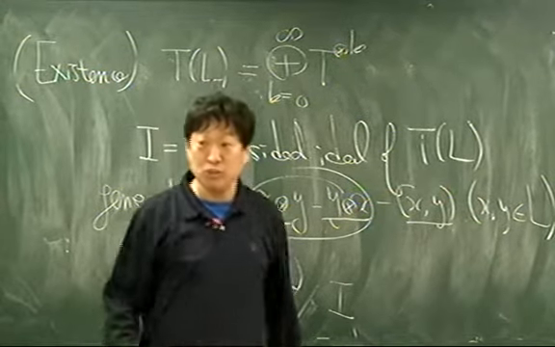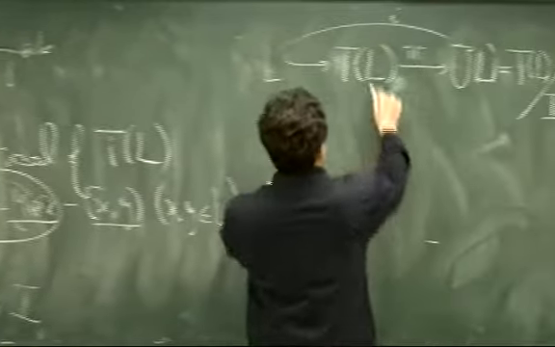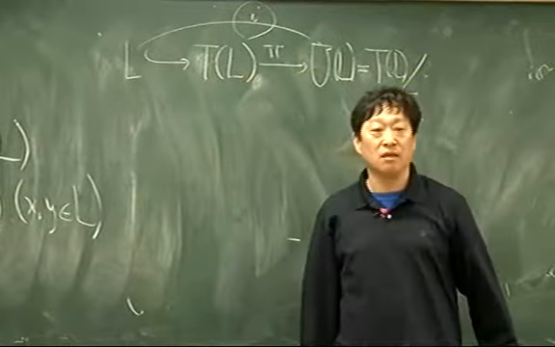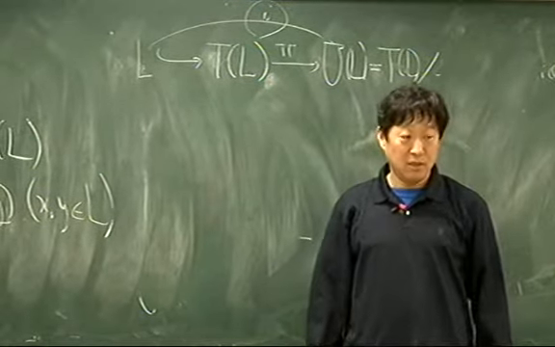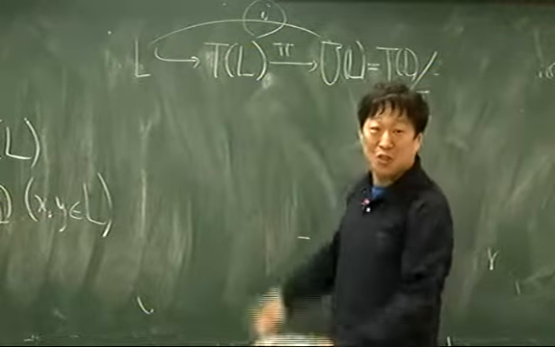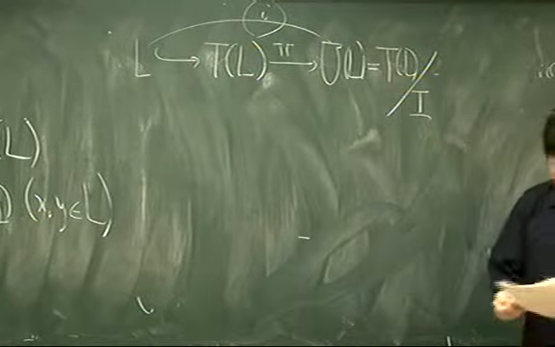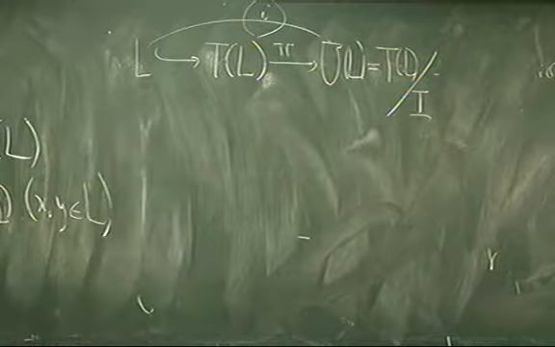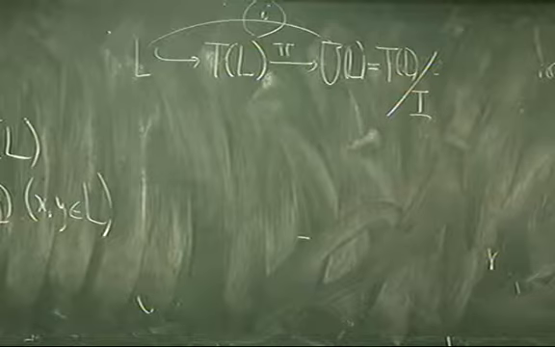And as to your question, is i necessarily injective? It's not clear. This is injective, but this is surjective, and the composition is not necessarily injective. And the answer is yes, and that's part of the famous Poincare-Birkhoff-Witt theorem.